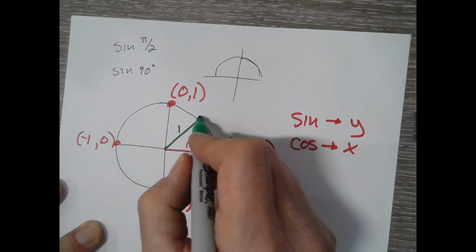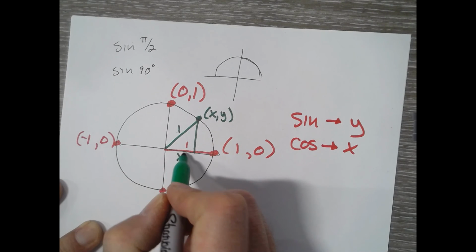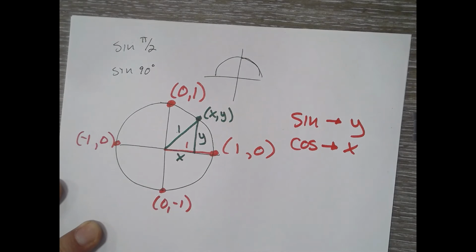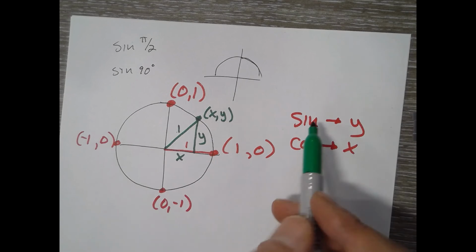So if I call this ordered pair x comma y, I went over x and up y. What is the sine of that angle? Y over 1. So the sine of that angle is y.